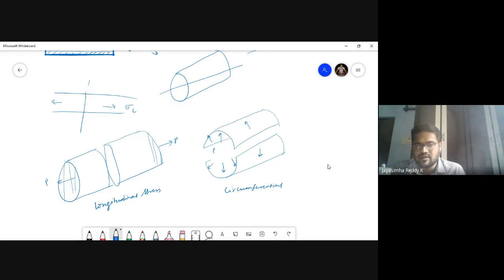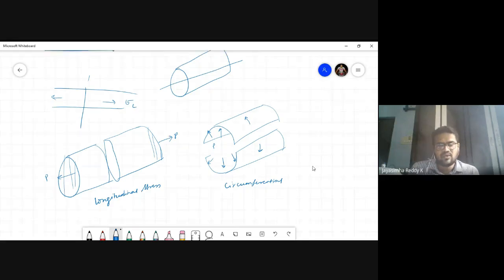For longitudinal stress we have to derive an equation, and for circumferential stress we have to derive an equation. We have to know the longitudinal and circumferential stresses in the cylinders, so based on this we can design the cylinders.